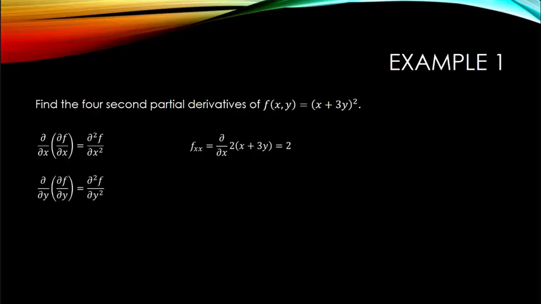If I take the second partial derivative with respect to y, I get d squared f dy squared. fyy becomes the partial with respect to y of 6 times x plus 3y, which is equal to 18.